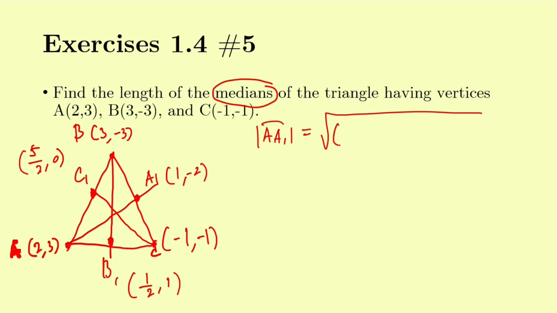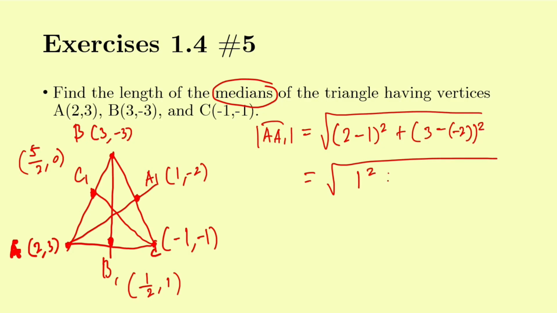Whichever comes first, it's okay as long as you follow the same. Kung inuna mo si A, yung x-coordinate ni A, uunahin mo rin yung y-coordinate ni A mamaya. So let's use that. 2 minus 1 squared plus 3 minus negative 2 squared. And that's equal to 1 squared plus 5 squared.